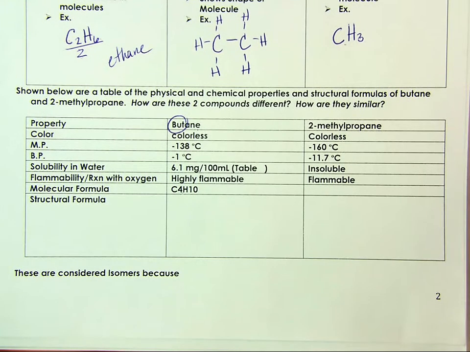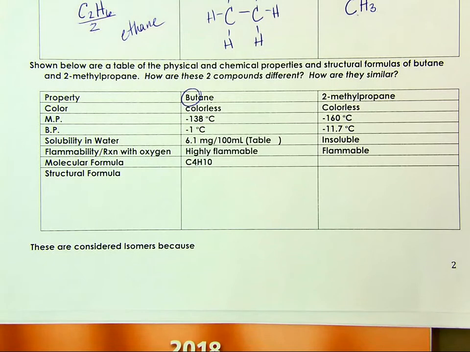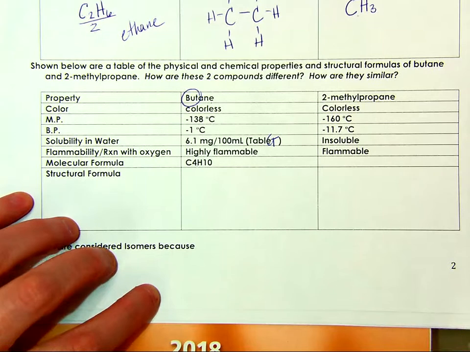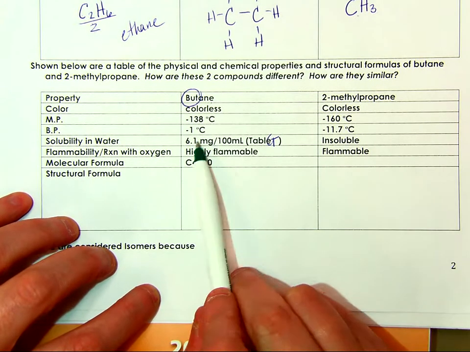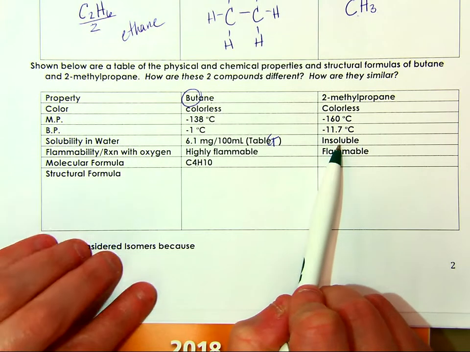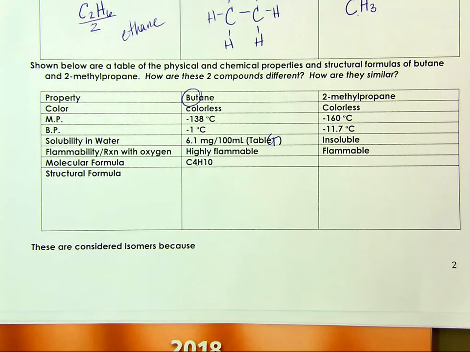We can look at that by looking at the solubility curve, which is found in table G. It is slightly soluble in water, really not that much if you take a look at the whole scheme of things. 2-methylpropane is insoluble, so it's not going to dissolve at all. One is highly flammable, the other one is flammable.